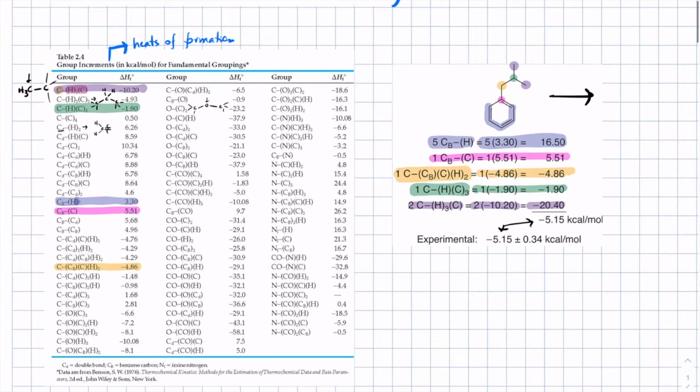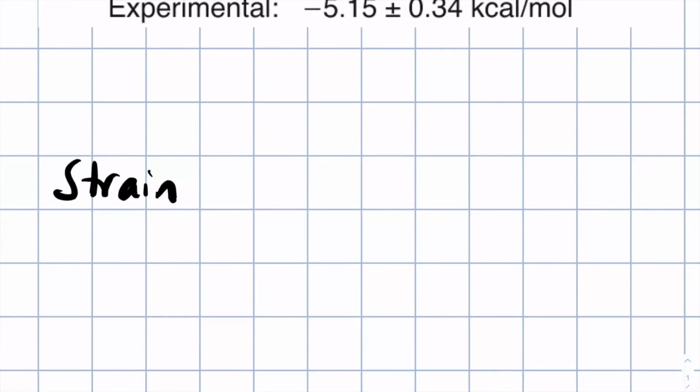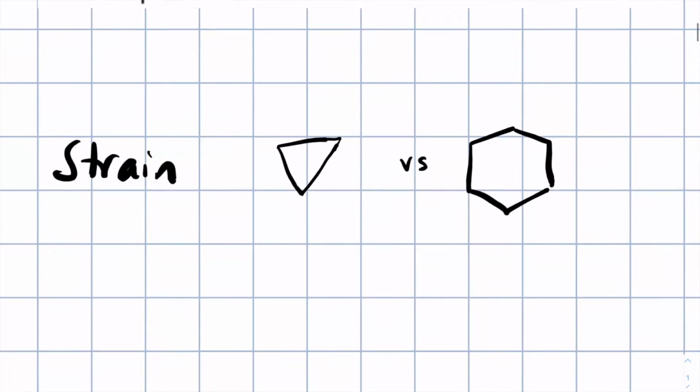Another useful thing that these group increments allow us to do is to start asking questions about strain in molecules. So the types of strain that we'll be talking about include angle strain, say in cyclopropane, where we have to have internal carbon-carbon angles of 60 degrees versus, say, cyclohexane, where each of the internal bond angles can be close to tetrahedral because of the chair conformation.